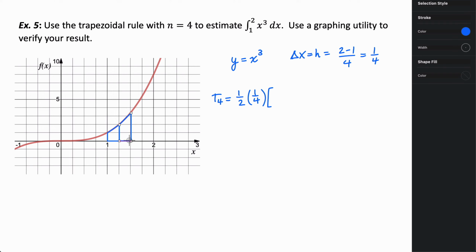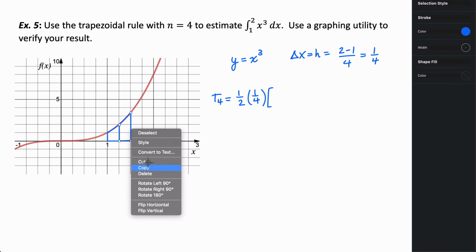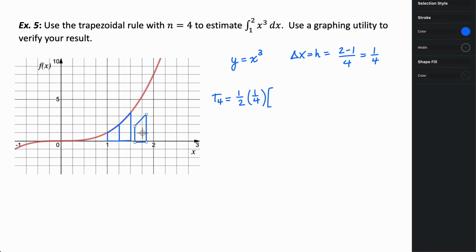So you can see that the trapezoidal rule is kind of nice because like I said, we aren't restricted to just using rectangles. So we can actually get pretty close in our approximation for this here. So let me just use these to try and draw the rest of my trapezoids here.